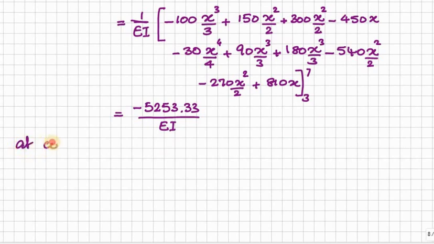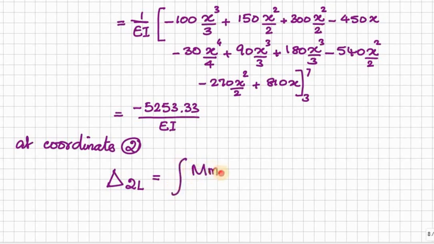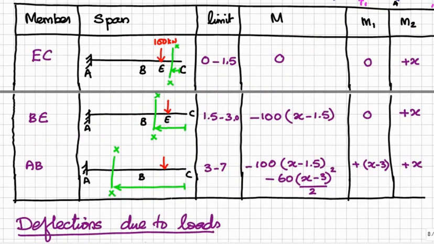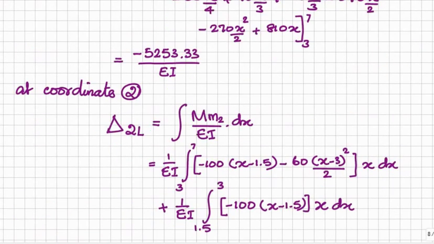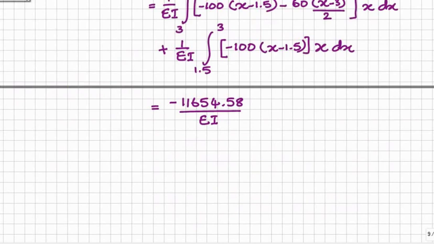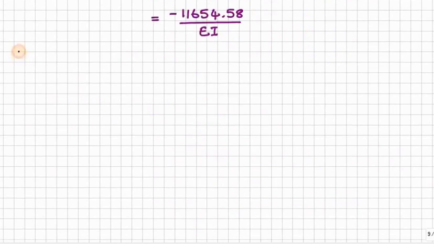Similarly, the same procedure we have to adopt at coordinate 2 also. Therefore, delta 2L is equal to the integral of capital M small m2 divided by EI into dx. Here we have two expressions, two spans, that is the AB span as well as the BE span.